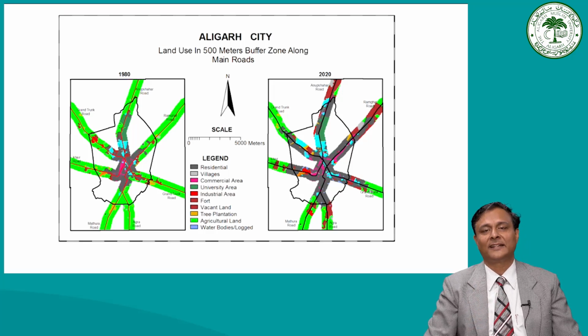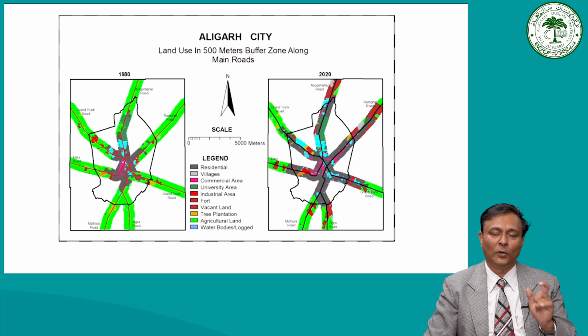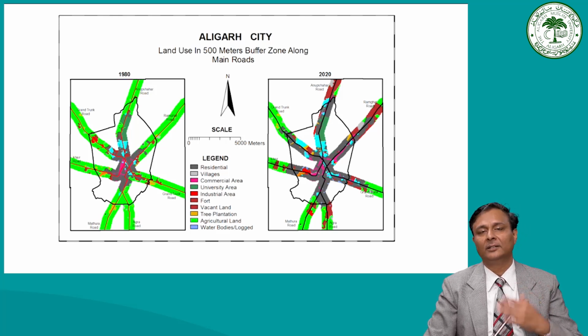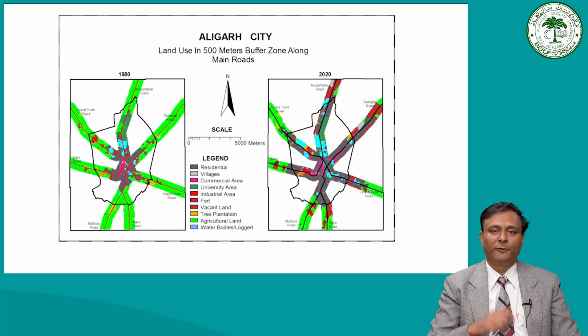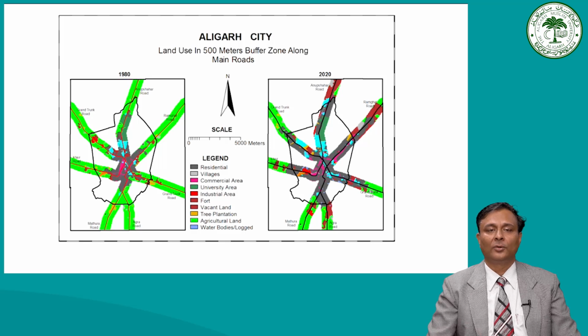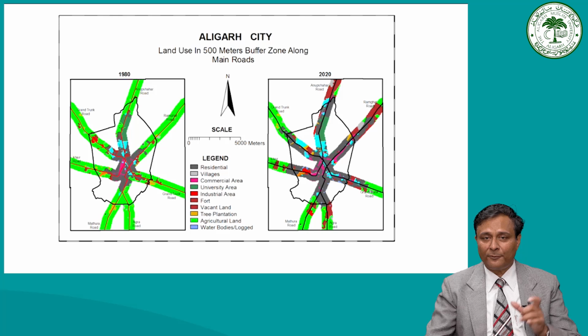Again, this is an advantage of spatial information, where we are creating a buffer, overlaying the land use and getting the influence area buffer along the road. So this is the land use up to 500 meters. Now how is the distance contributing?